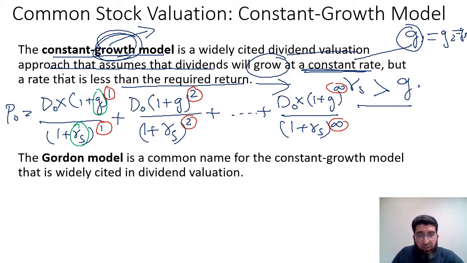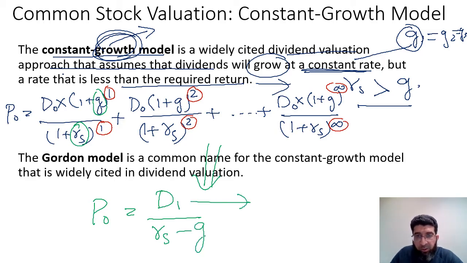This is one of the formulas that can be derived, which is P naught equals D1 over RS minus G, where D1 equals D naught multiplied by 1 plus G. Since the 1 plus G is constant, there's no need to calculate each term. It's kind of a perpetuity question.